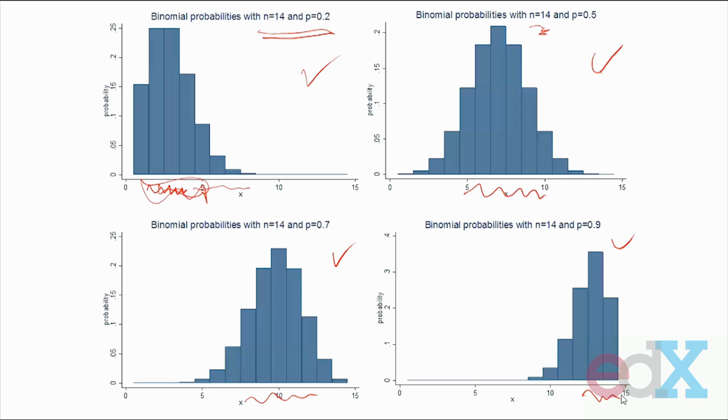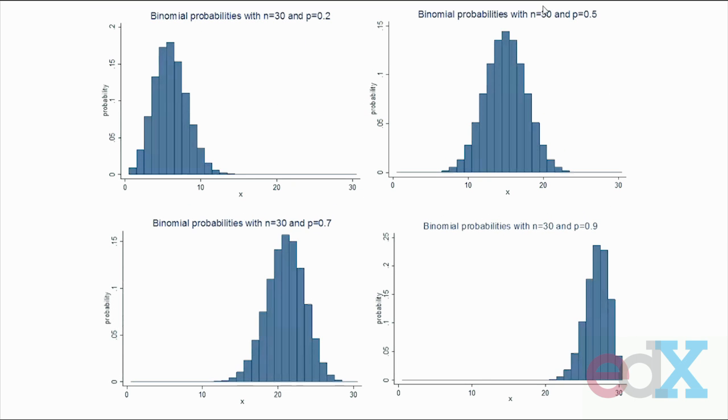Now, if we increase the number n equals 14, here it is with n equals 30, what we see is a tighter bunching up around the mean, if you will.